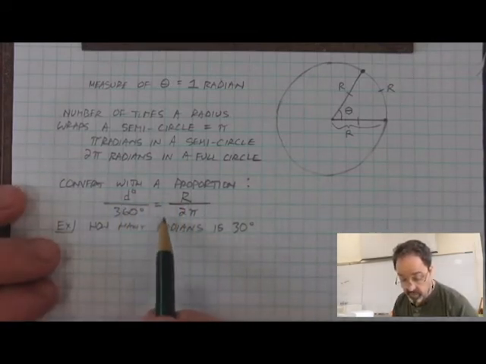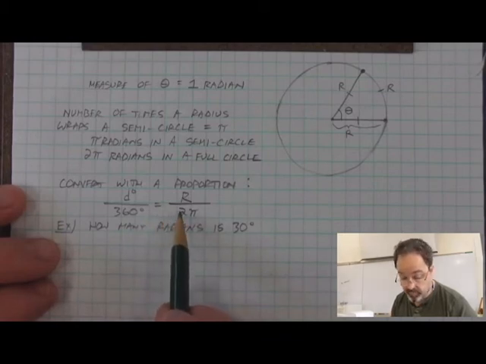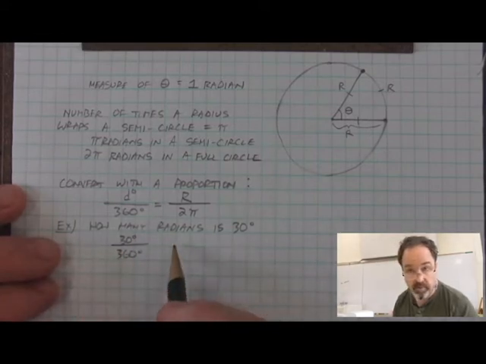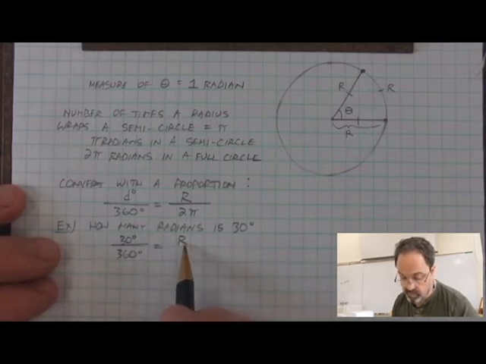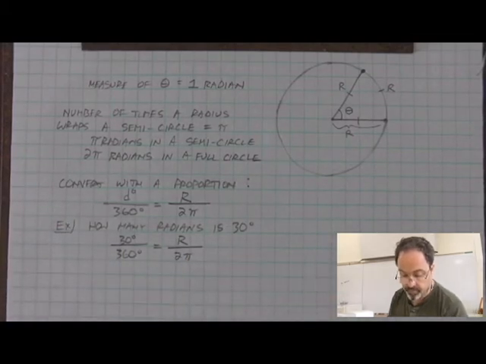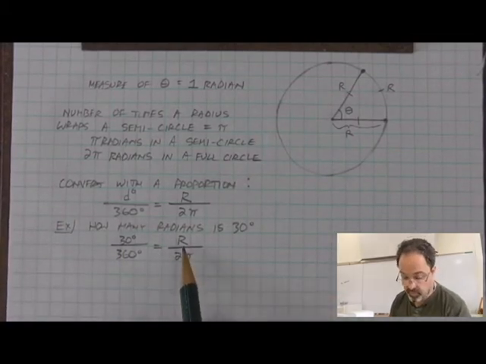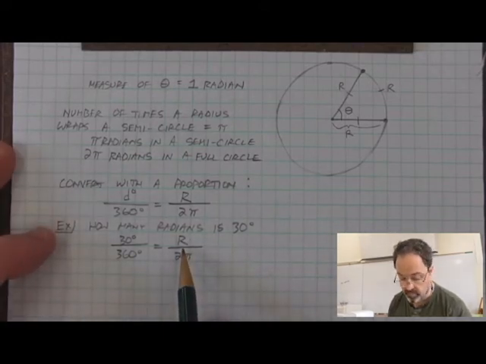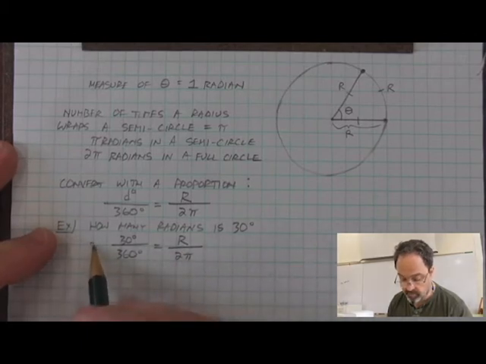We could set it up many different ways, but if we set up the proportion in this way, then it's the degree measure that we know, 30 degrees, compares with a full circle in degrees, just as the radian measure that we're trying to find out compares with a full circle in radians of 2 pi. This is an equation with one unknown r, the amount of radians that we're trying to find. To get r by itself, I'm going to multiply both sides by 2 pi.